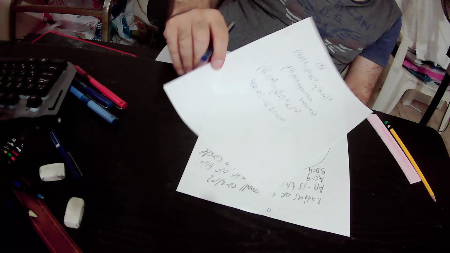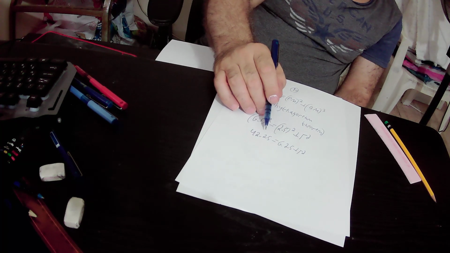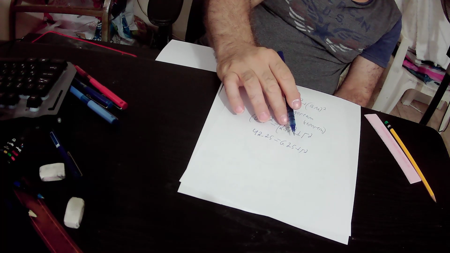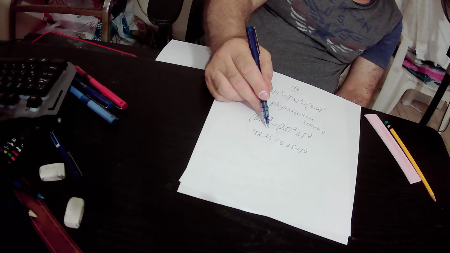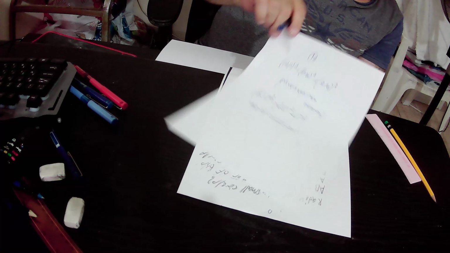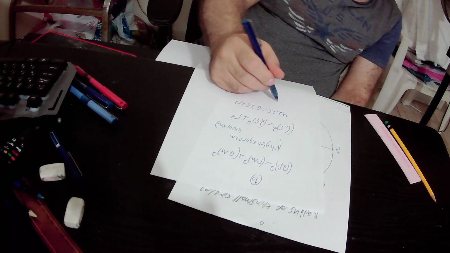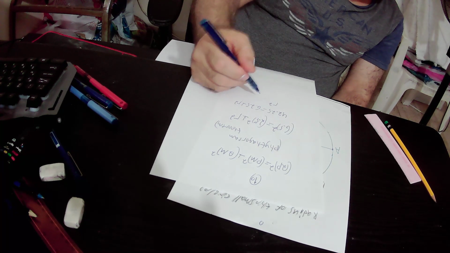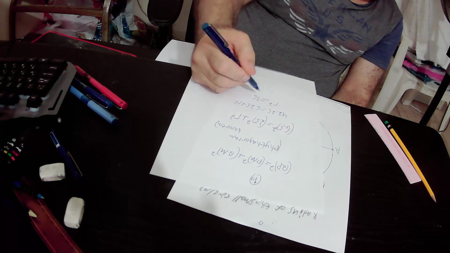So we got the equality that states that 42.25 equals 6.25 plus small r square. We will subtract 6.25 from this equality and we will get that r square equals 42.25 minus 6.25, which equals 36.